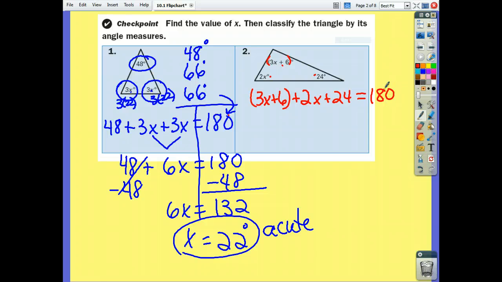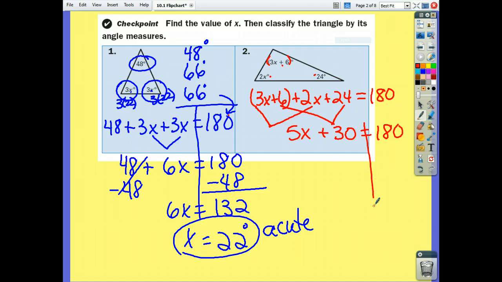Now combine like terms because there's nothing to distribute here. I have a 3x here and a 2x here. How many x's? Good, I have 5x. Combine my constants. 24 and 6 is 30. Okay, so plus 30 equals 180.